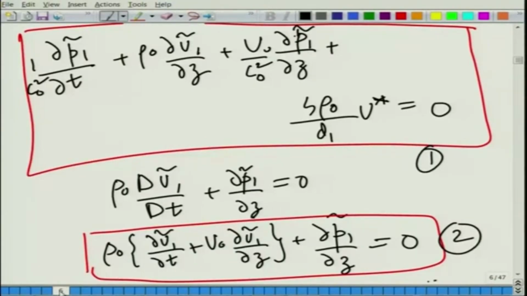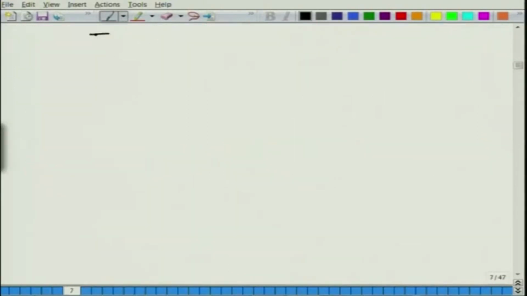Now, before we move ahead, it is instructive to further simplify equations 1 and 2 at this stage, by assuming time harmonicity, time harmonic solutions, and also directly talking about what u star is.